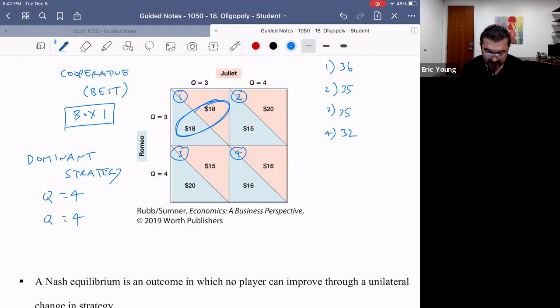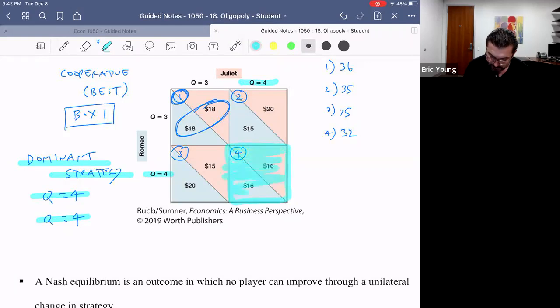And therefore, even though the cooperative solution, the best solution is right here in box 1, where Q equals 3 and Q equals 3, nope. We predict that because of their dominant strategy of making 4 each, Juliet will make 4, Romeo will make 4, and we're going to end up here in box 4. And ain't that a bitch?